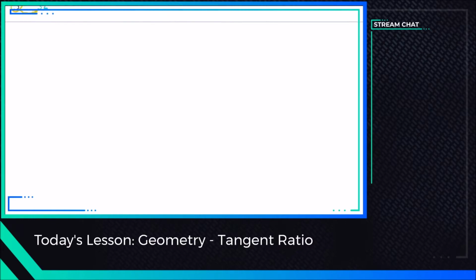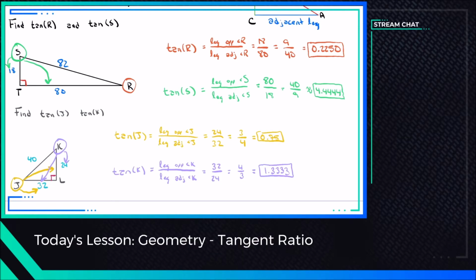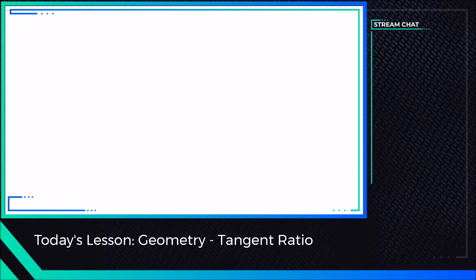All right, now that we've done some examples where we have been given an angle and we found a ratio, we can now, if we're given an angle, find a leg measurement. So on this example, we want to find the value of x.